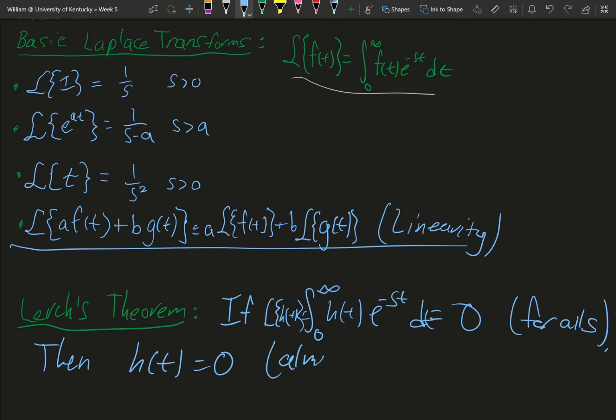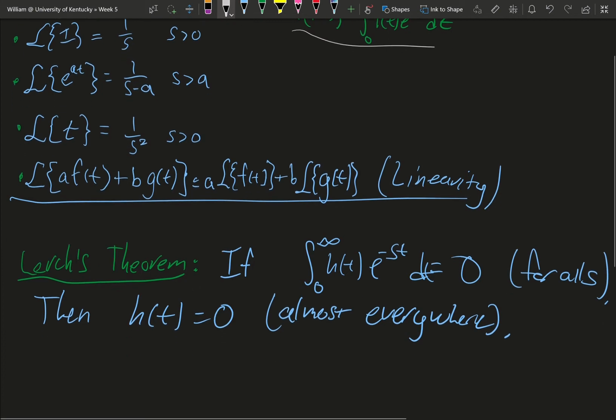There's a technical caveat to that: almost everywhere. So cleaning it up a bit to make it easier to read, if this is 0 for every s, then h of t equals 0 almost everywhere.